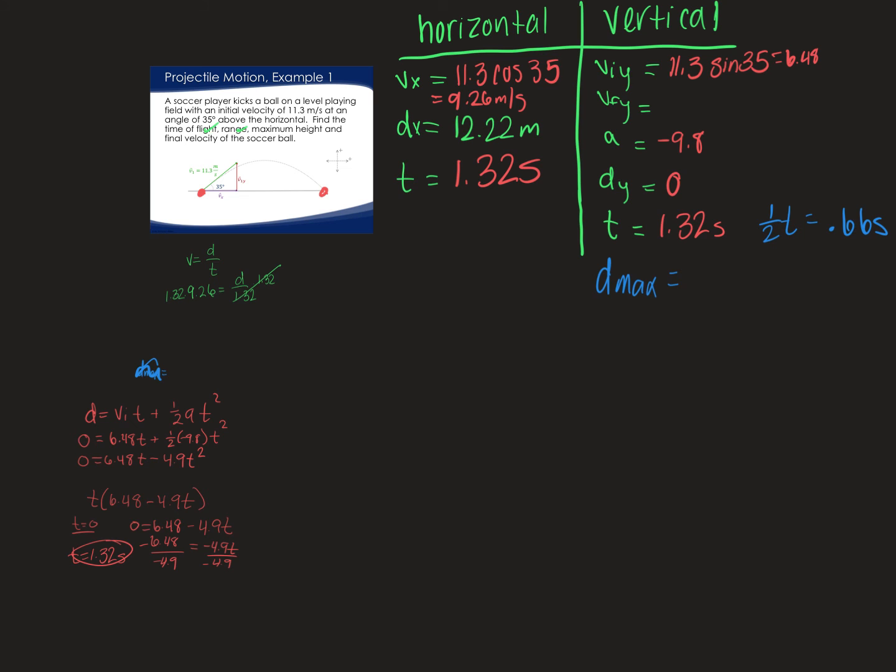Okay, and now we're going to still use d equals ViT plus 1/2 AT squared. Except this time we know Vi is 6.48. T is 0.66. So it's 0.66 squared. So square the 0.66 on its own. Don't multiply stuff to it first.